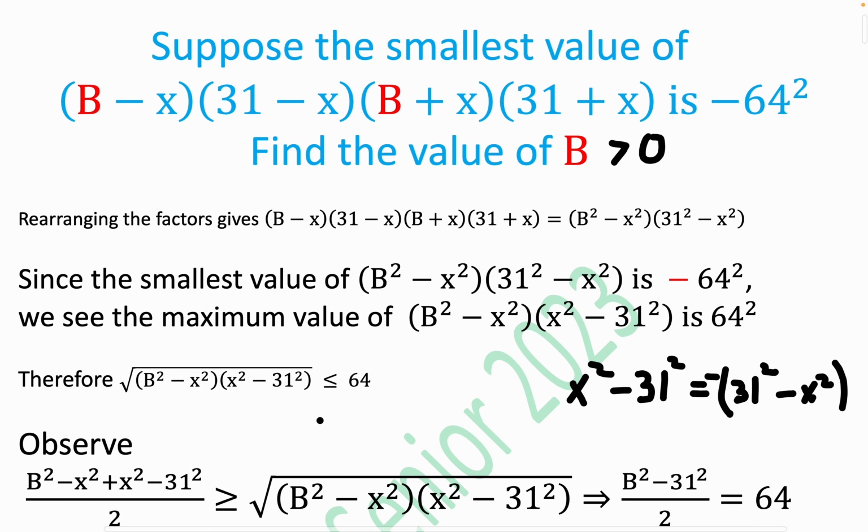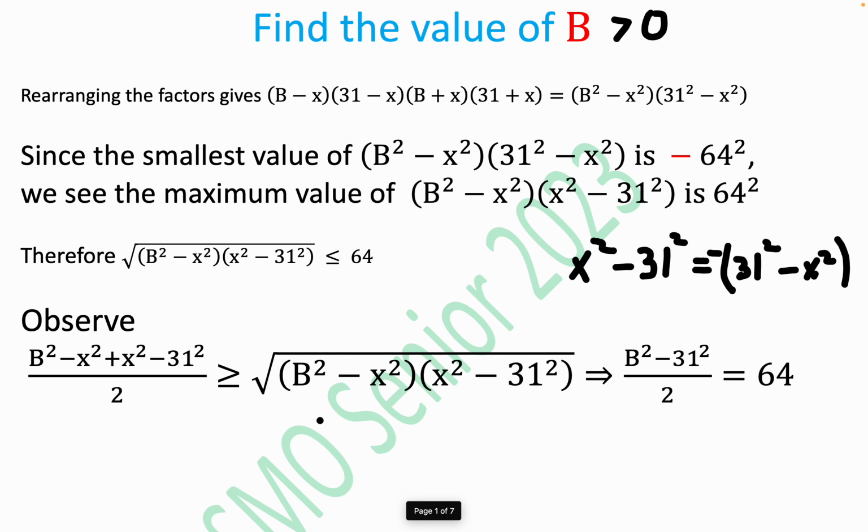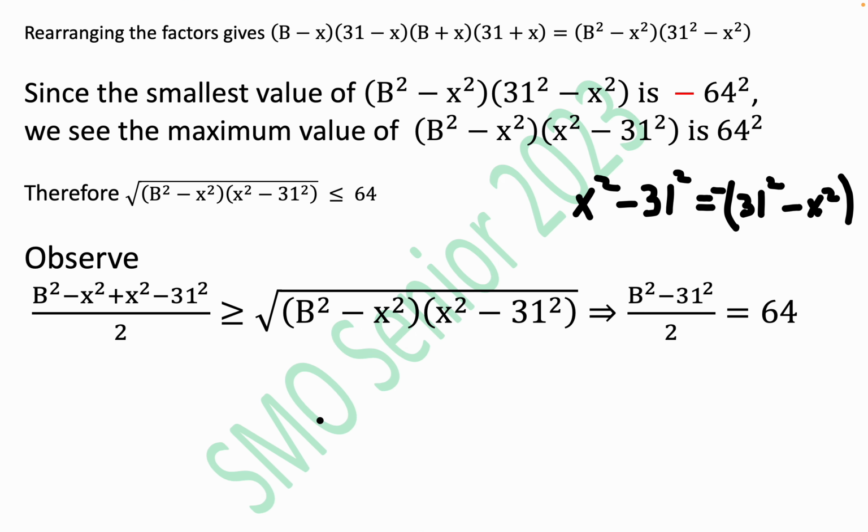Now, this next line requires some explanation. It is a very well-known result called the arithmetic mean geometric mean inequality. In general, if a and b are positive, it's not hard to show in the two-variable case that a plus b over 2, which is called the arithmetic mean, or just the good old-fashioned average, is always greater than or equal to the square root of a times b.